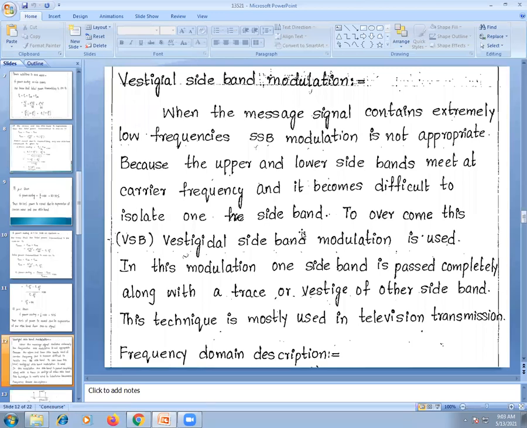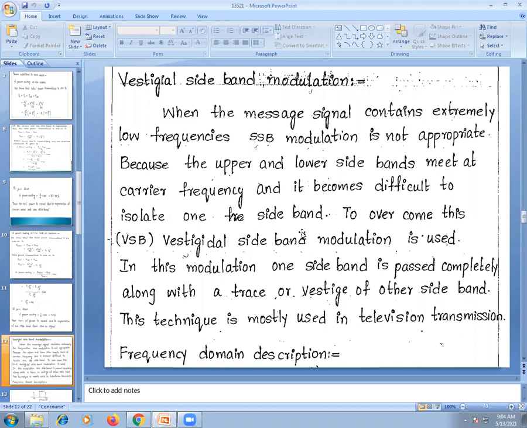In this modulation, one sideband is passed completely along with a trace, or vestige, of the other sideband.